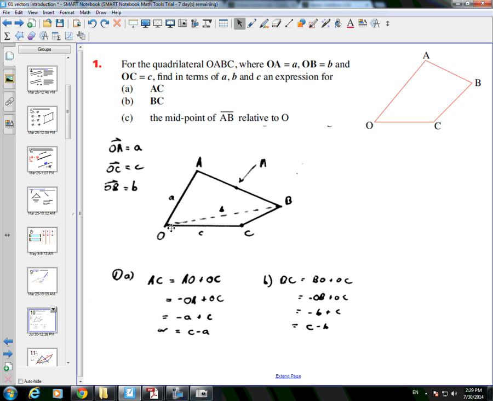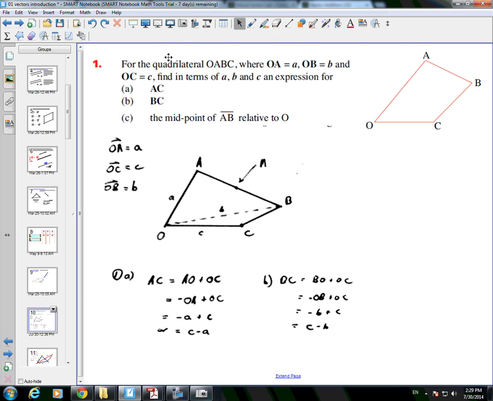Here I drew my own picture, and I have lowercase a. And then we also have OB for b and OC for c. So these three lowercase vectors are what's shown. We need to write AC in terms of a, b, or c. So capital AC, that vector right there, needs to be represented in terms of these three lowercase vectors.